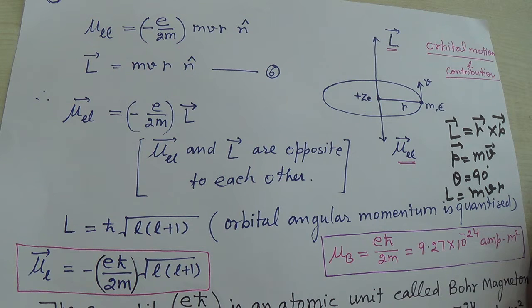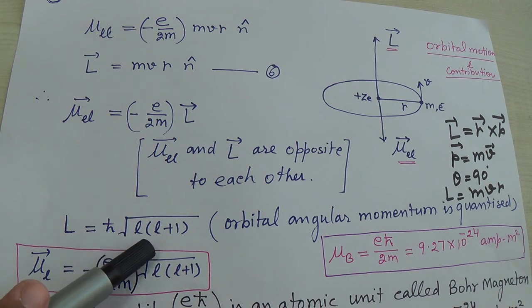In the presence of an external magnetic field, the projection of the orbital angular momentum on the z-axis is defined through Lz, and Lz is further defined in terms of the magnetic quantum number ml. So Lz is equal to ml h cross. This is the second point, and the value of vector L is equal to h cross square root of l into l plus 1.